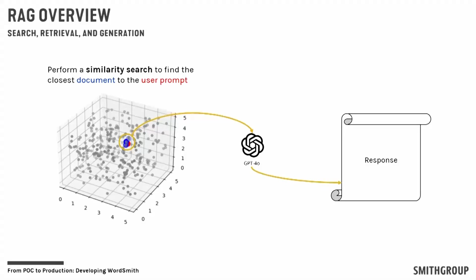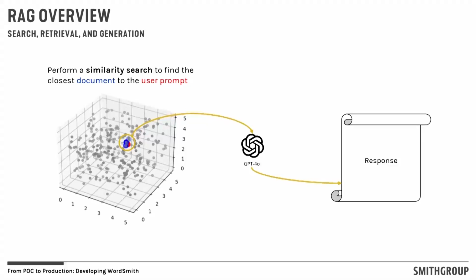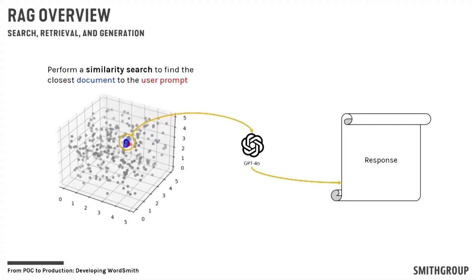Then that circle says, okay, give me a K number of documents that are closest to that. That similarity search is executed within Azure AI Search. That gets passed to GPT-4o, goes through the system prompt and gets executed, and that response is what the user sees.